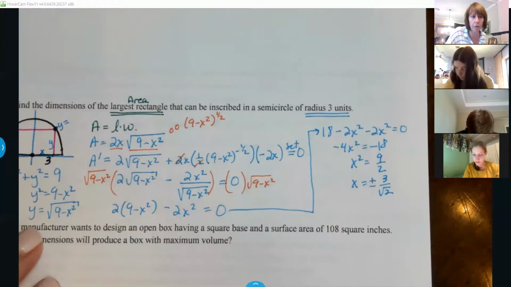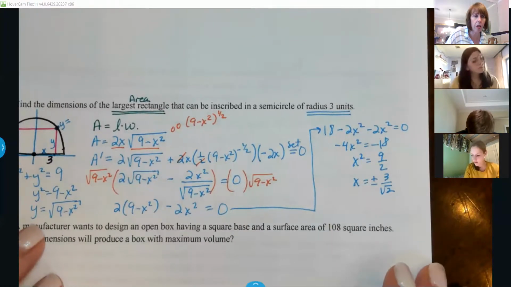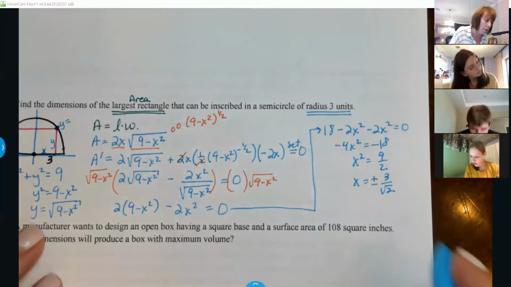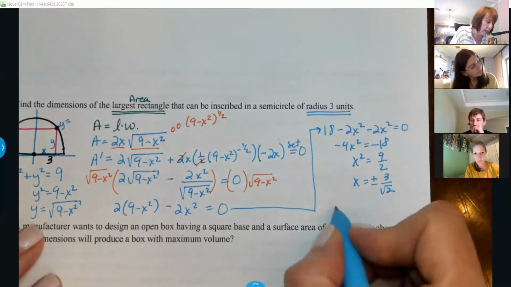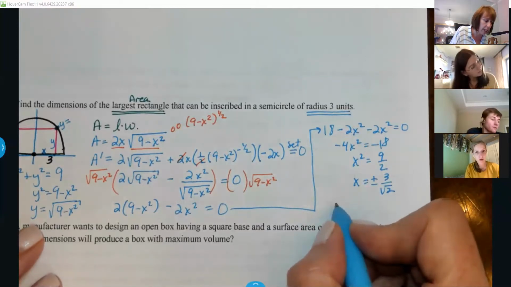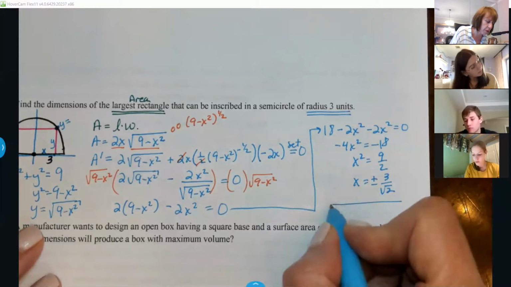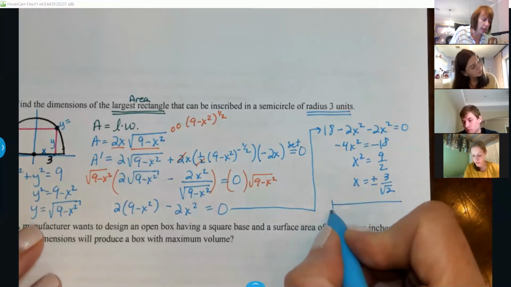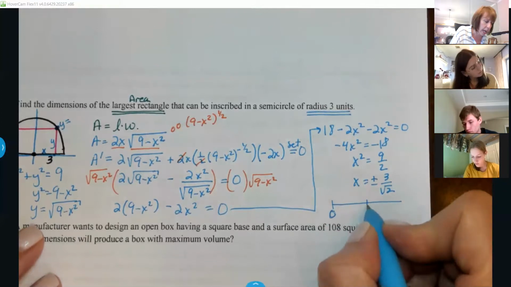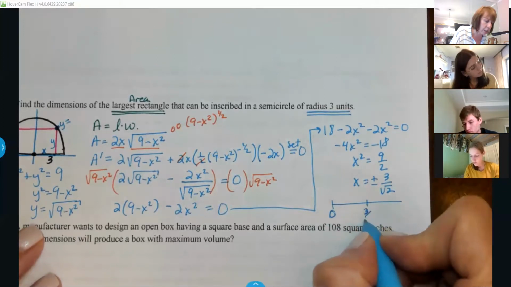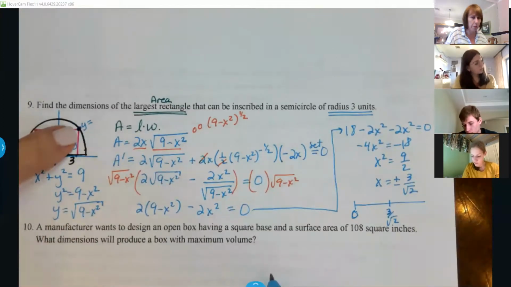Okay. So I could do the same number line thing here, you guys, that I did before, where the smallest x can be is 0. And if I'm only looking at this piece here, the smallest x could be would be 0.